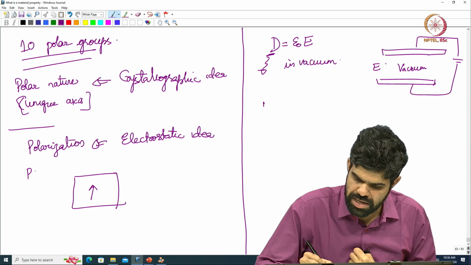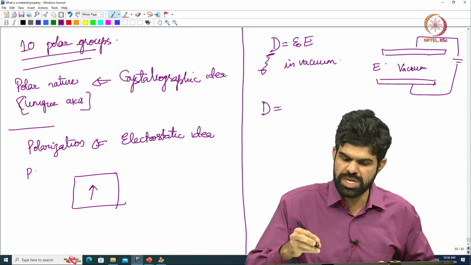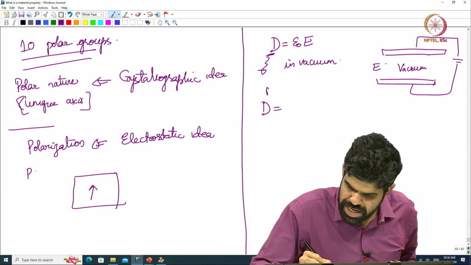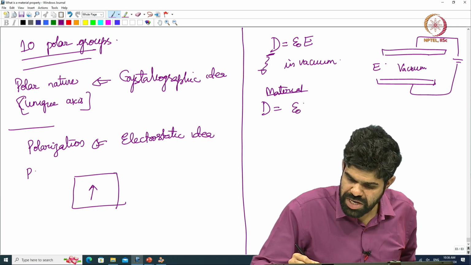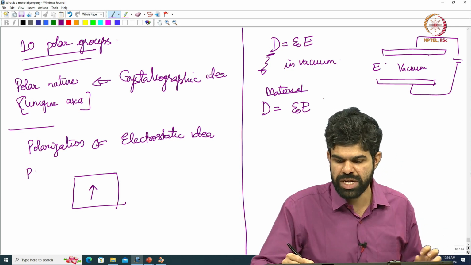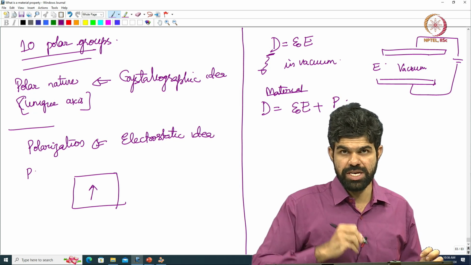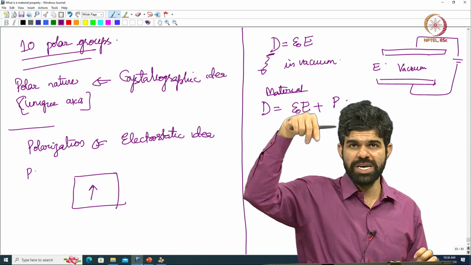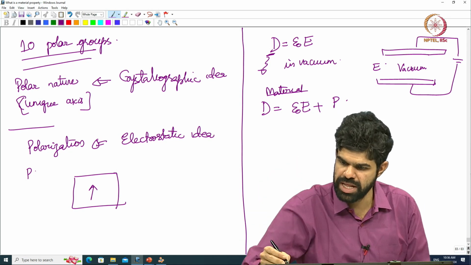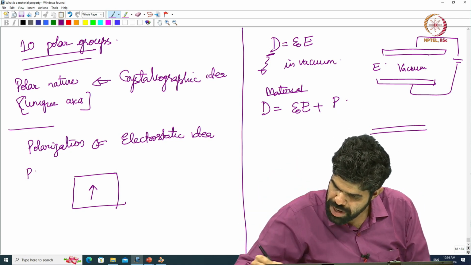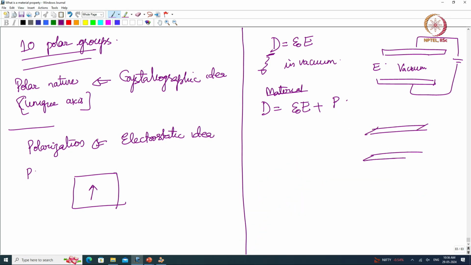I will just rush through this. But if I have a material, I have charges which are given by vacuum charges, which is epsilon naught E, but the material itself will get polarized. So I have polarization charges also, which are put by the material getting polarized. So I have two parallel plates and there is a dielectric material in between.